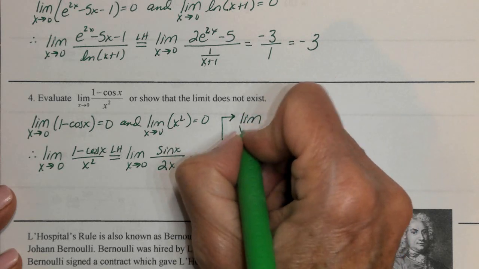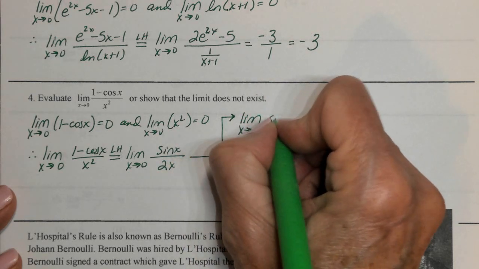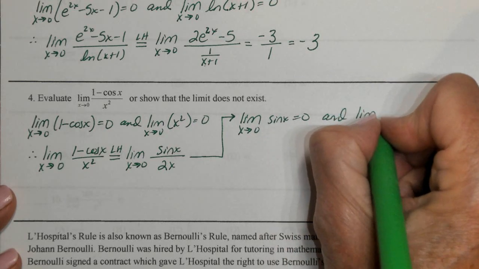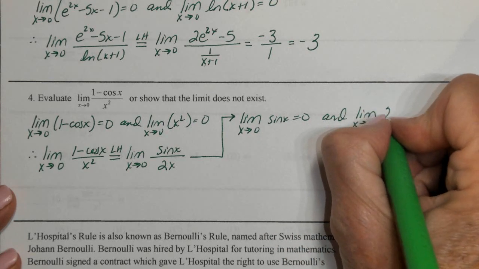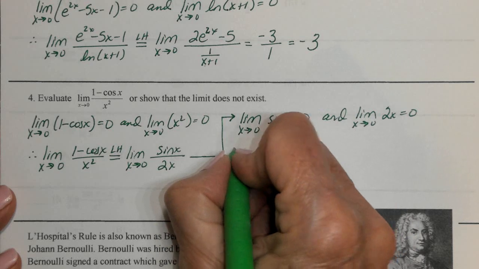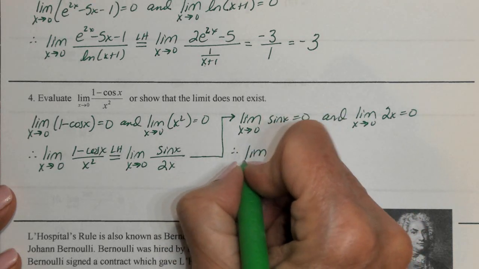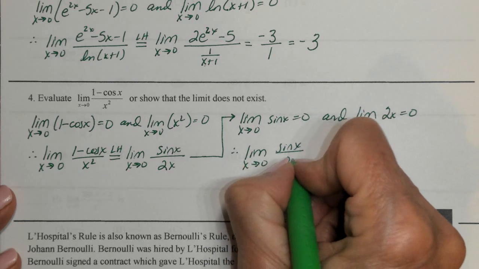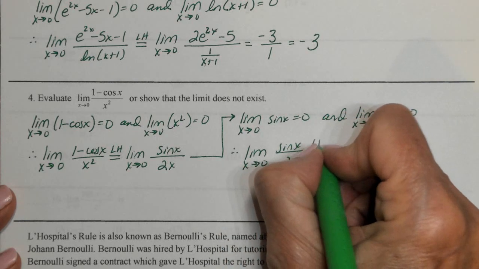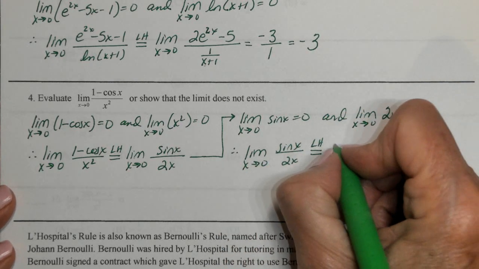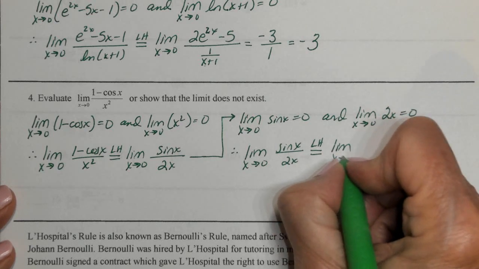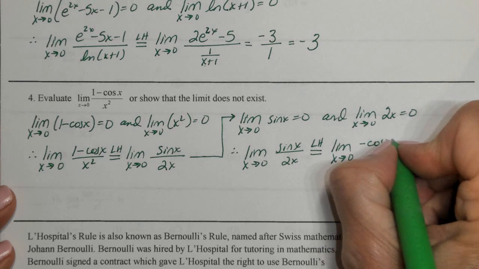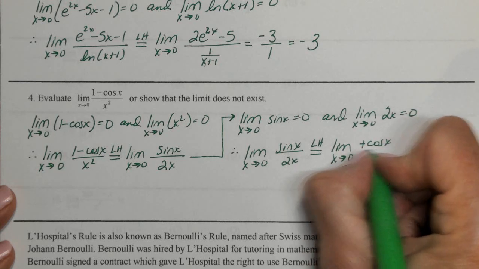The limit as x approaches 0 of just the top is 0, and the limit as x approaches 0 of just the bottom is 0. So the limit as x approaches 0 of the top over the bottom is equal to, applying L'Hopital's again, the limit as x approaches 0 of the derivative of sine x, which is, I'm sorry, positive cosine x.